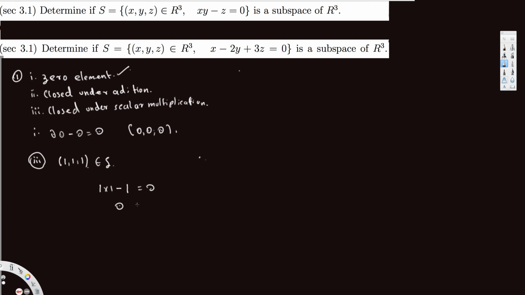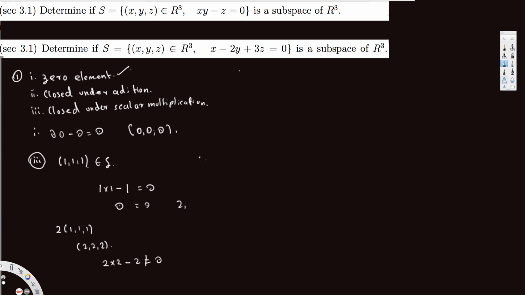Now scalar multiplication: 2 times 1, 1, 1 gives 2, 2, 2, and 2 times 2 minus 2 is not equal to 0.